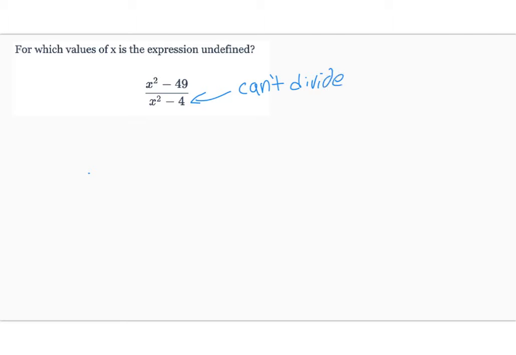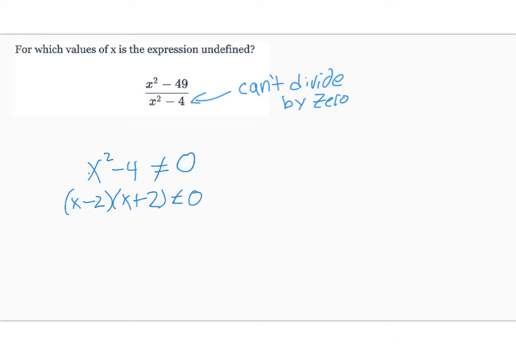So if we can't divide by 0, anything that would cause the denominator to be 0, we cannot use for an x. So what we do is we set this up and we solve this. I can factor this, so we've got x minus 2 and x plus 2 are the values that we know cannot be 0.